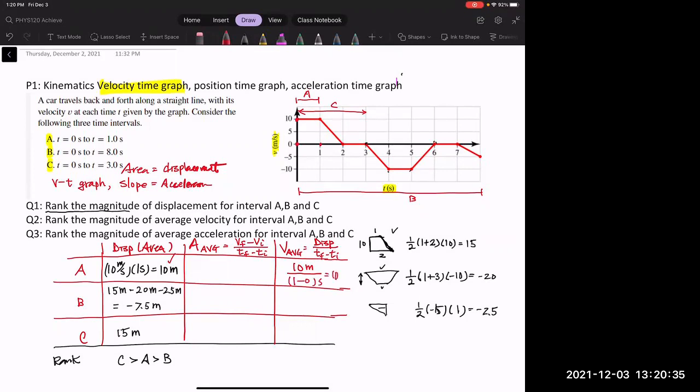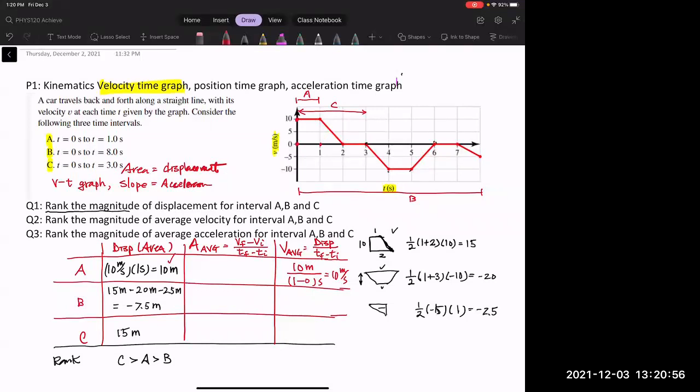So that's 10 meters per second. Which makes sense because you didn't actually change the velocity. So the average velocity is the same as the velocity at the start and the end. They didn't change, it's a constant velocity, so it's 10 meters per second.